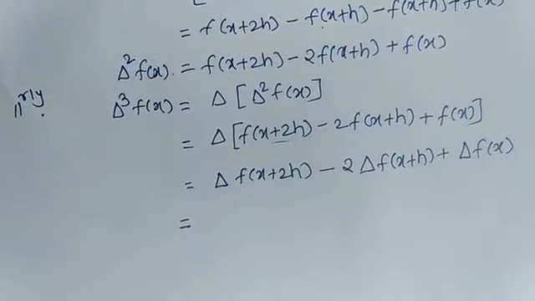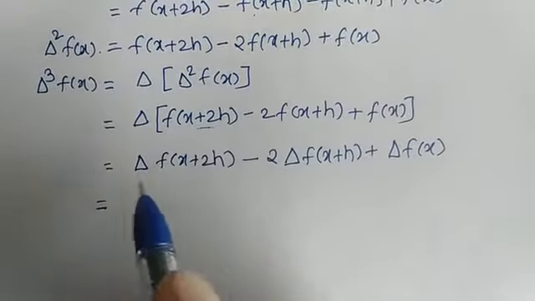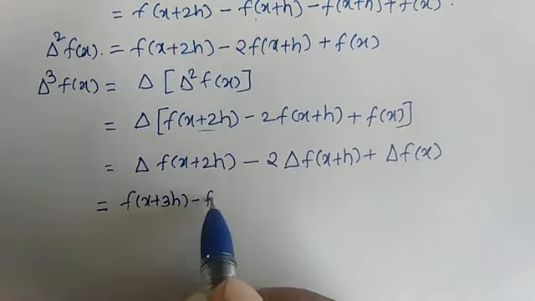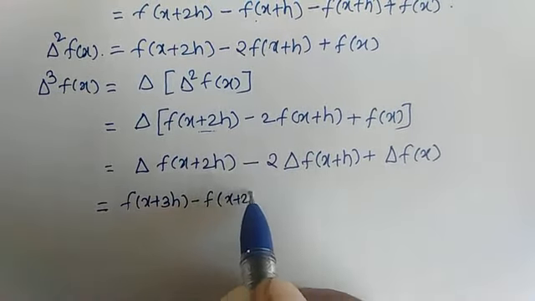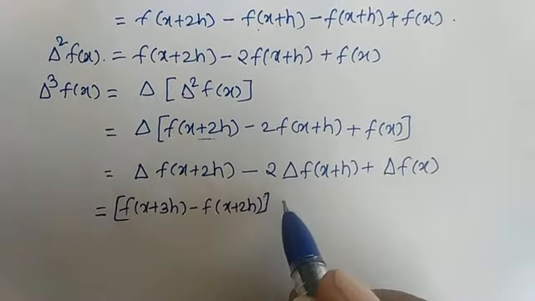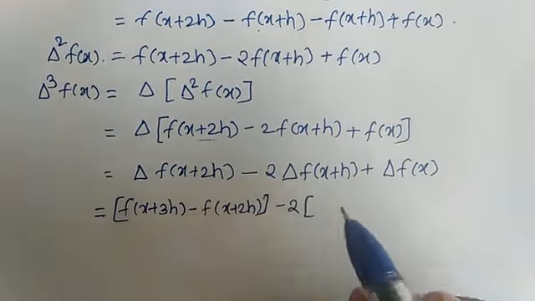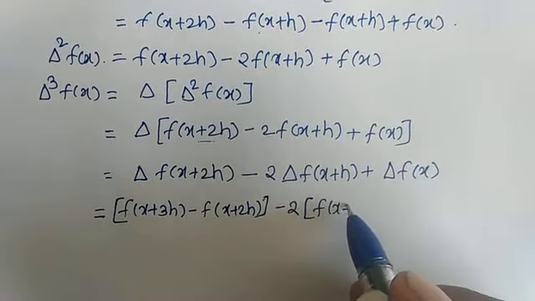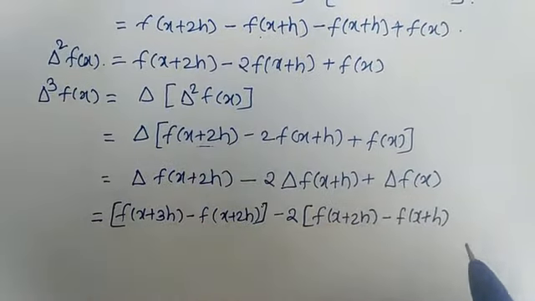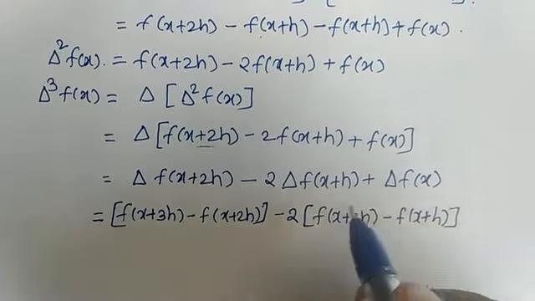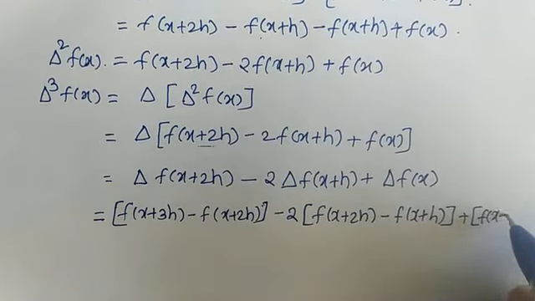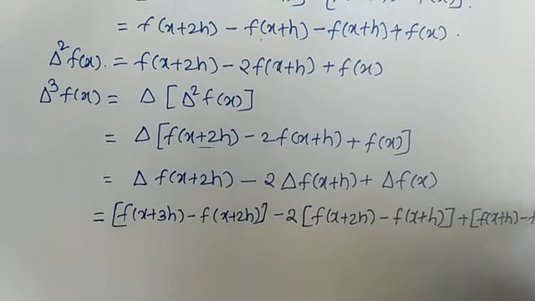So here it will be f of x plus 3h minus f of x plus 2h, which is our first term calculation, minus 2 into del f of x, which is f of x plus 2h minus f of x plus h, and plus del f of x, which is f of x plus h minus f of x.